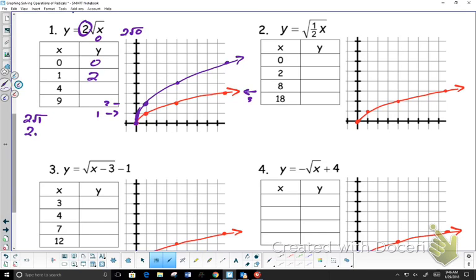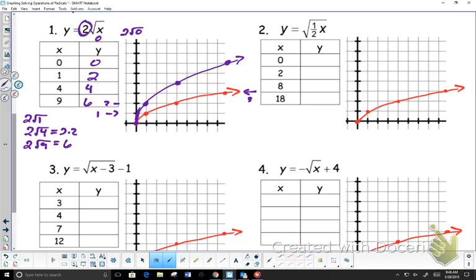Then it would be 2 times the square root of 4, which equals 2 times 2, which is 4, which once again, you'll notice that's where that point is as well. Last one would be 2 square root of 9, which would be 6. And you'll notice that matches up. So I don't have to create a table to do a transformation if I just use the skills that I already know. Okay, so let's go on to number 2.